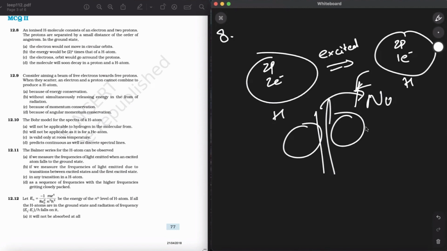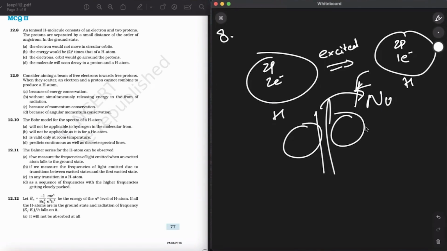So the electron's orbit would go around the protons. This statement is also correct. Why? Because the hydrogen molecule contains two electrons and two protons in the initial state, as already discussed with you. In the excited state, it will have only one electron. So in the H molecule, the two nuclei of the two H atoms will have that nuclear force between them.